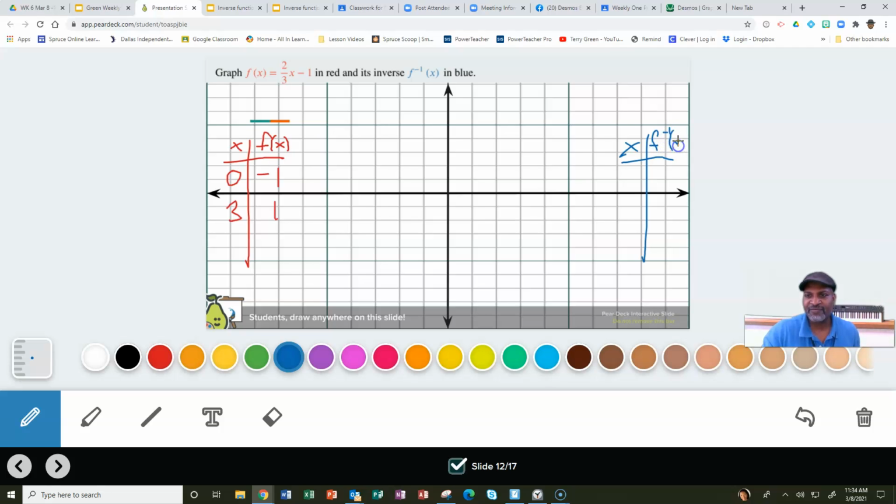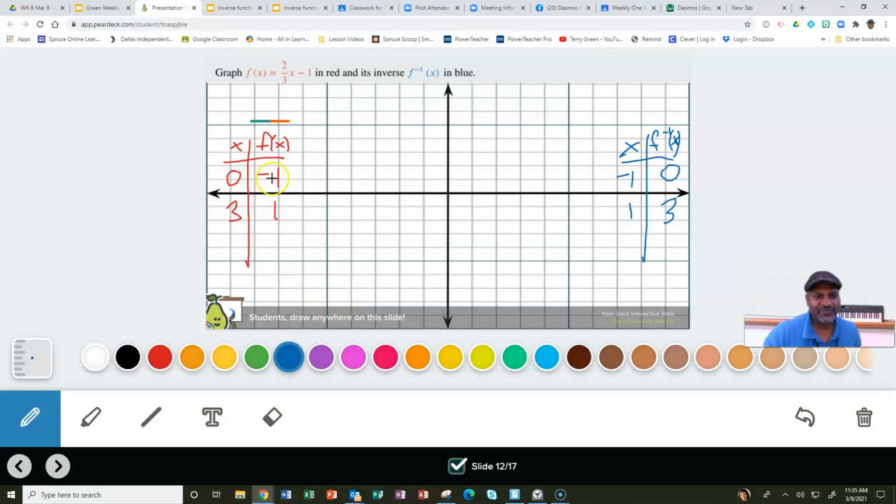And how do you get the inverse? You flip. So instead of 0, -1, I'm going to let x be -1, f inverse of x be 0. Instead of 3, 1, I'm going to let x be 1 and f inverse of x be 3.